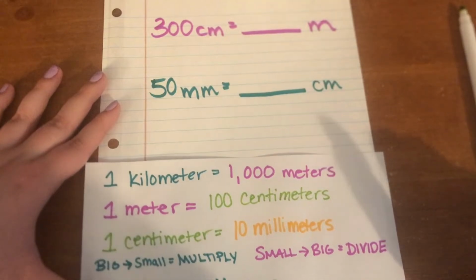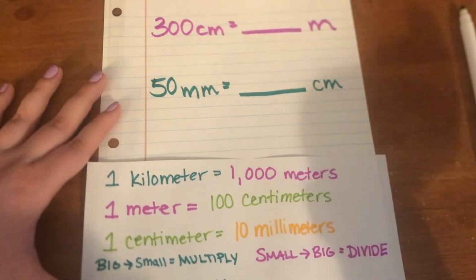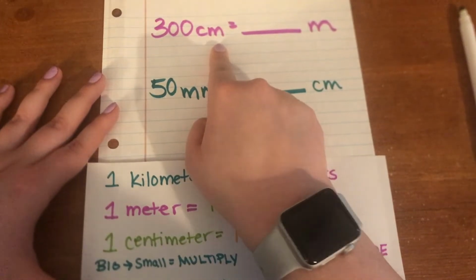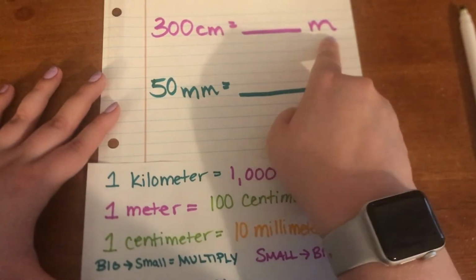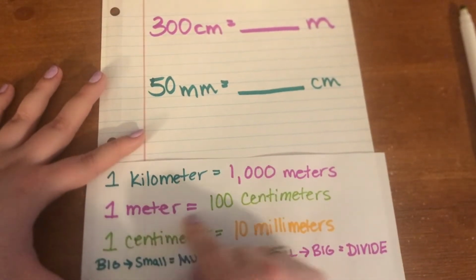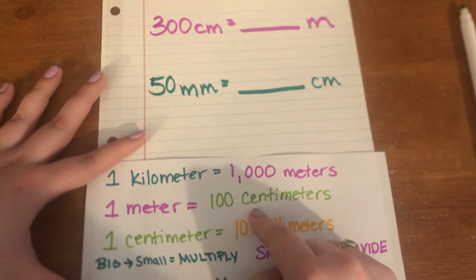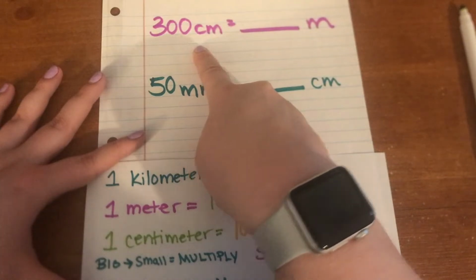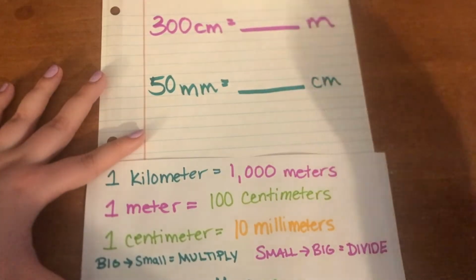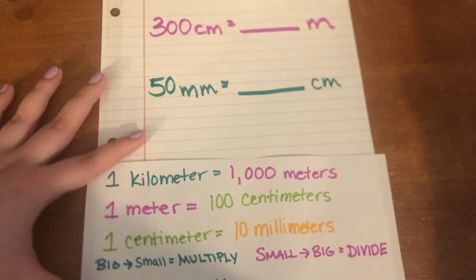For my last 2 problems, I'm going to demonstrate what you do when you have a smaller unit, like centimeters, and you're trying to convert it to a bigger unit, a meter. Let's look back at our key. In 1 meter, there are 100 centimeters. So if I have 300 centimeters, I want to figure out how many meters fit into 300.